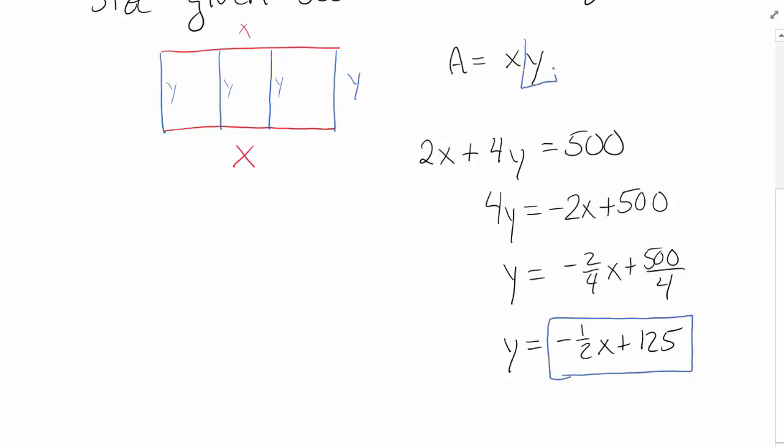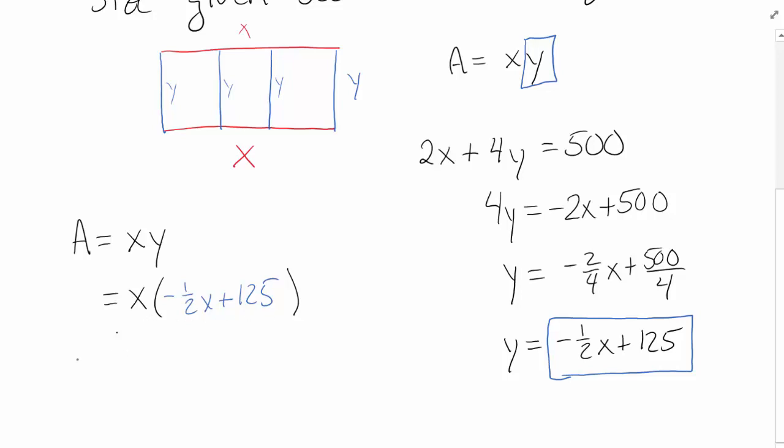I'm going to replace this Y with negative 1/2 X plus 125. I'm replacing what Y is in terms of X. So let me come over here so I've got a little more space. Area, well, that's going to be equal to X times my Y, which was negative 1/2 X plus 125. So now you can see that area is a function of X and only X.